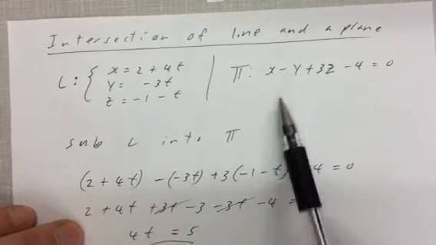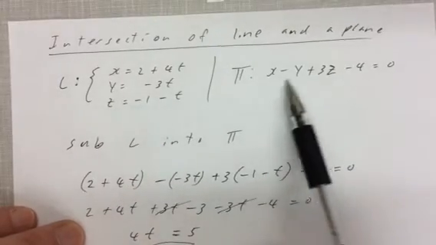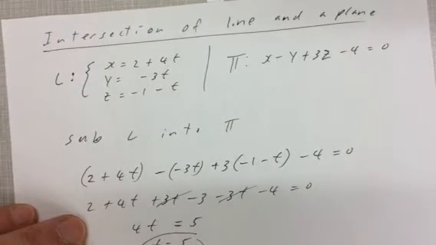So we're assuming that there is an intersection point and that the x, y, and z values are the same for both the line and the plane. If we get to an untrue statement like 0t equals 7, then our assumption must have been wrong, and there is no intersection point. Okay, so if we can't solve for a value of t, there mustn't be an intersection point.